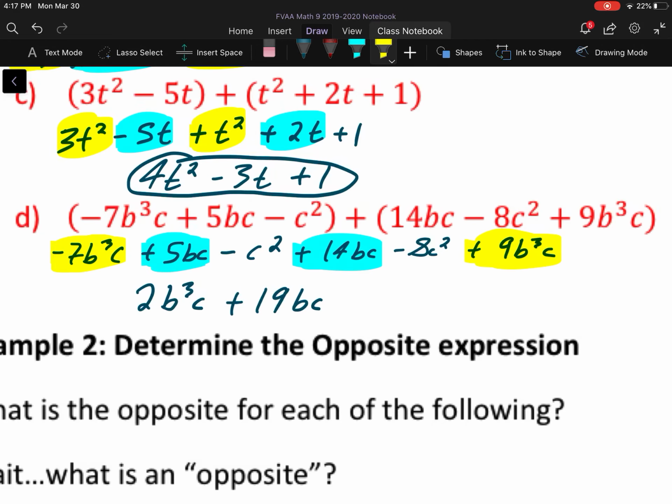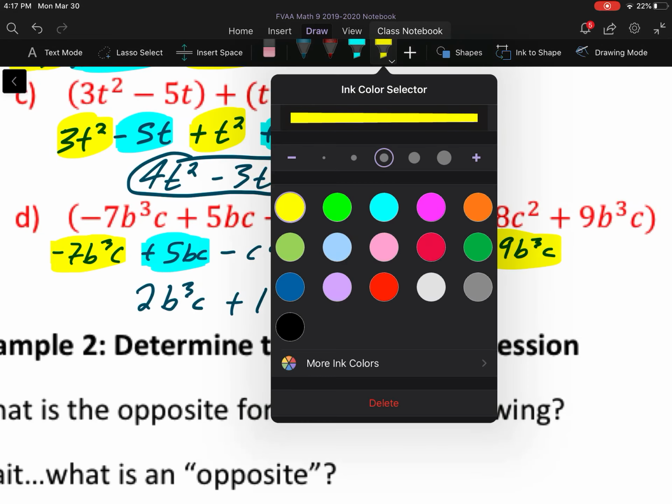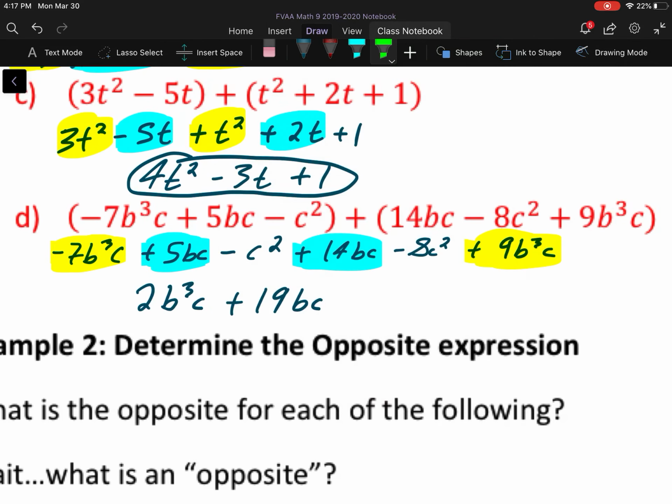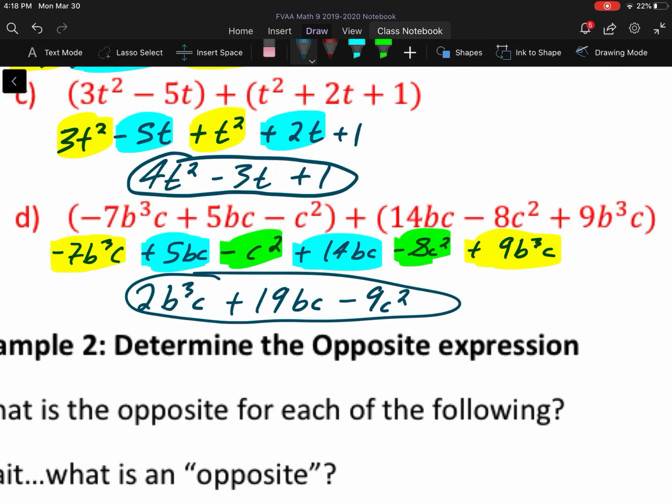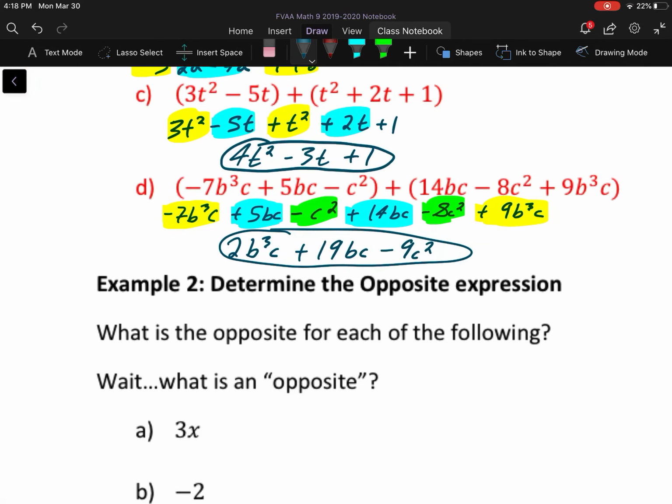And the last one here, I'll get a different highlighter color for you all. Negative c squared minus 8c squared is going to give me negative 9c squared. You have to see that negative c squared as negative 1c squared. Lots of invisible ones when we're dealing with polynomials. You got to see them there. Hopefully that is becoming easier and easier for you guys to do as you familiarize yourselves with these types of problems.